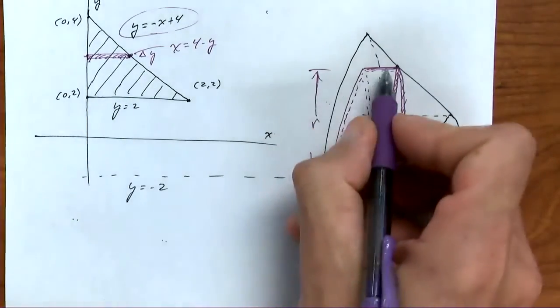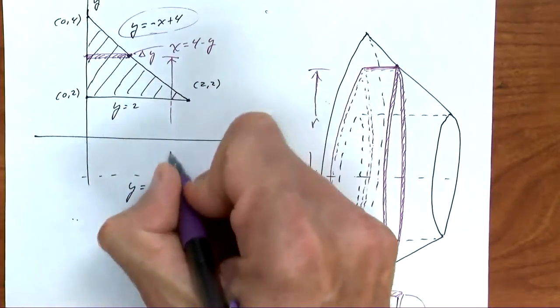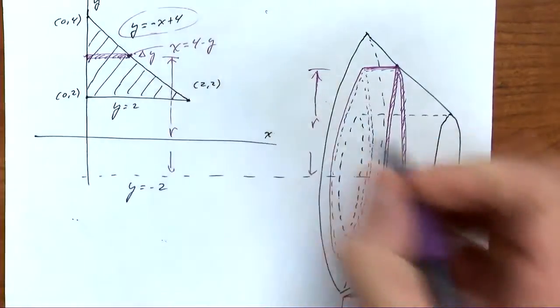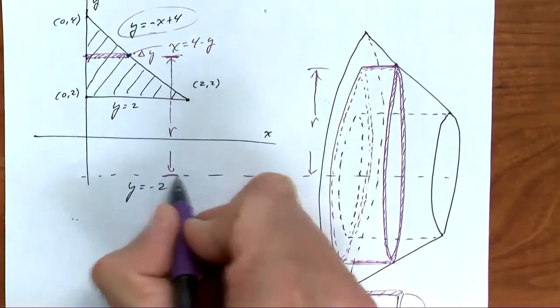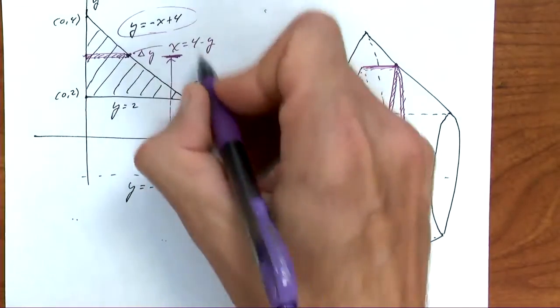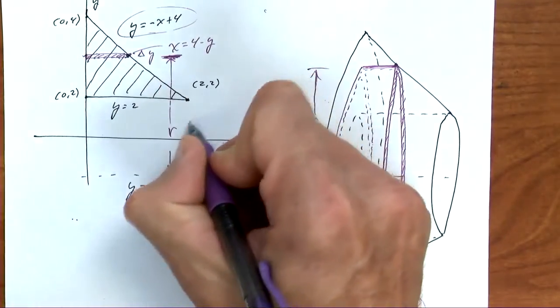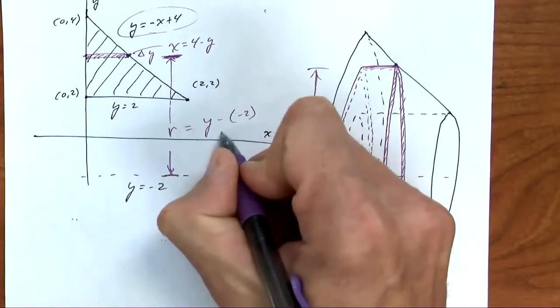That radius right there, again, corresponds to the distance from here to here. Well, how do you find a vertical distance? You take the y value here minus the y value here. The y value up here is going to change because those are our slices, so the y value on the top is just y. The y value on the bottom is negative 2, so it becomes y plus 2.